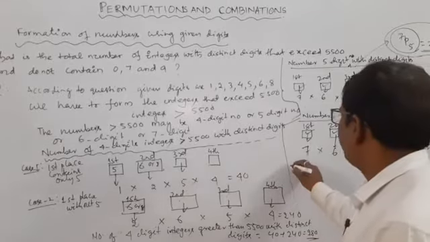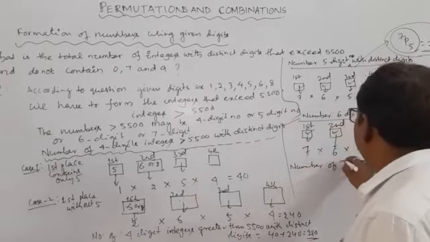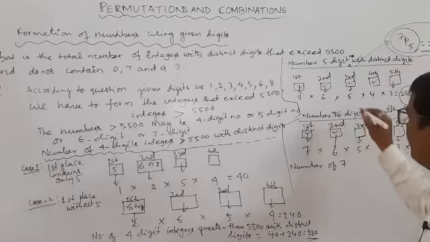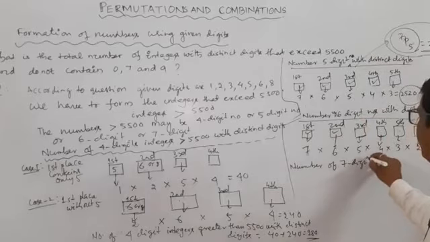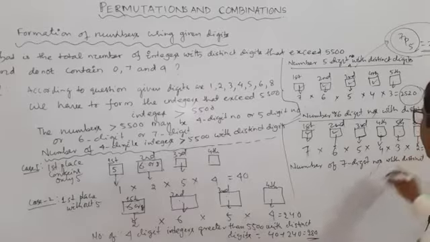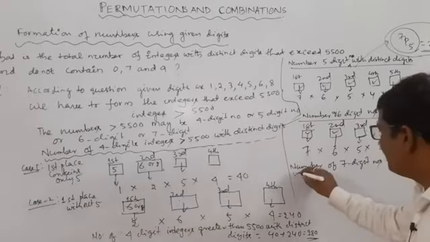Now the number of 7 digit numbers with distinct digits. What happens here?